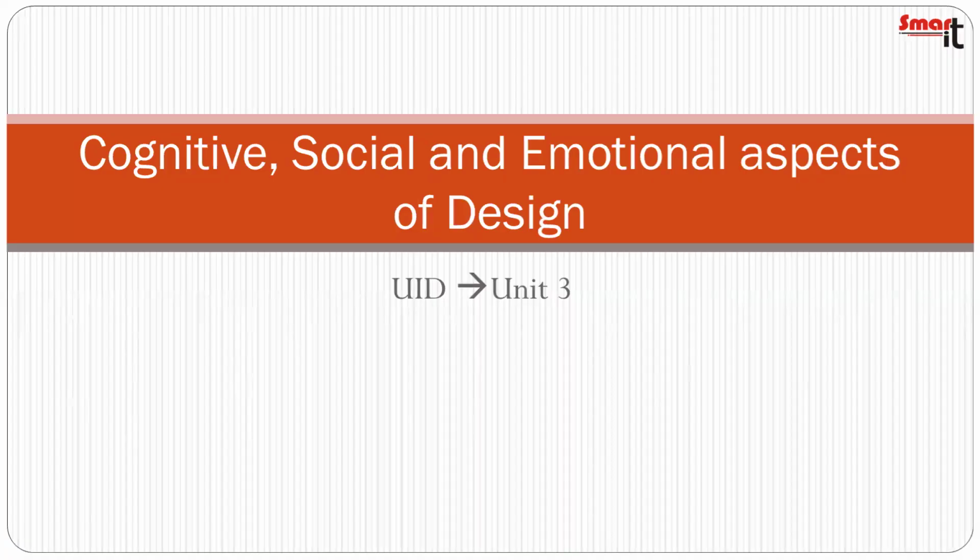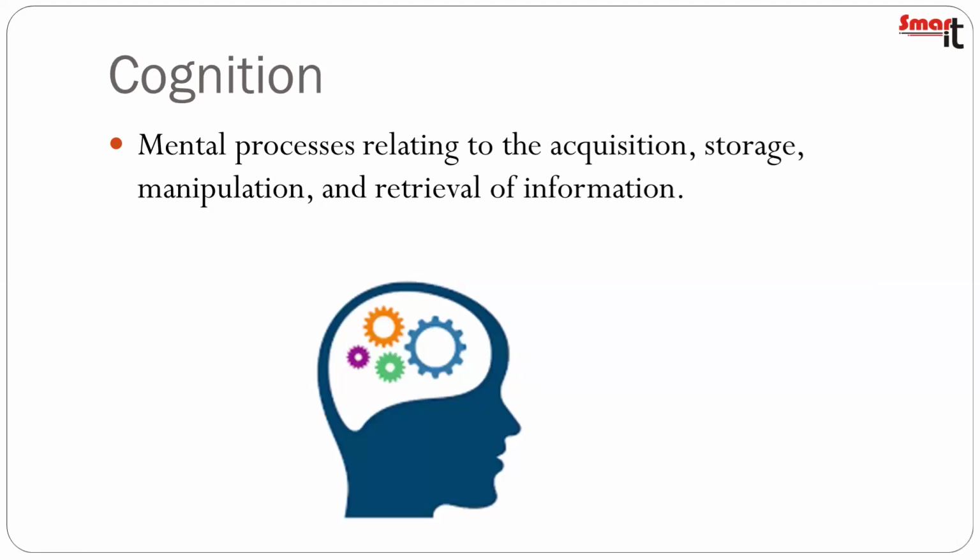Right. Next, we are moving to the third unit: cognitive, social, and emotional aspects of designing. Cognition is a very interesting word. Cognition means mental processes relating to acquisition, storage, manipulation, and also retrieval of information. Our brain is capable of all of these things.